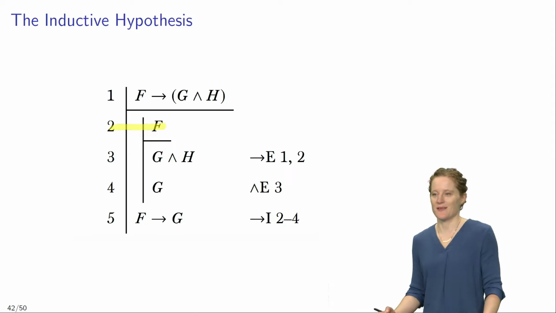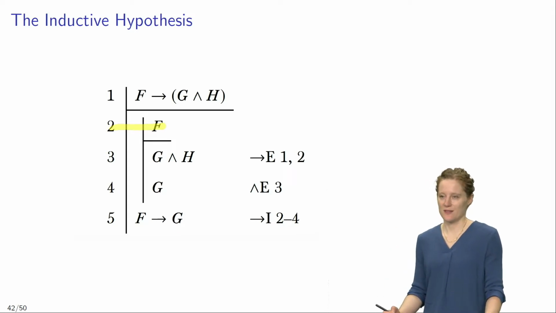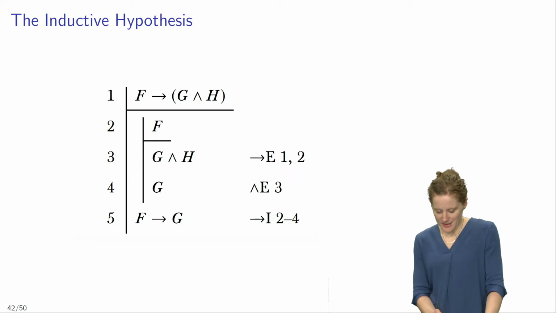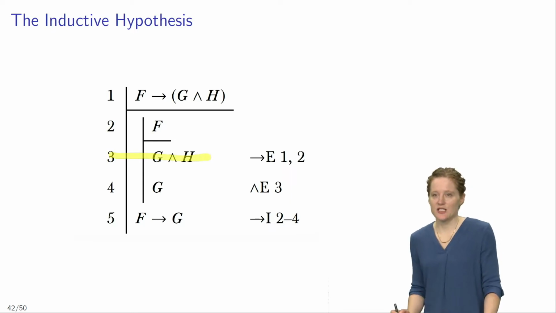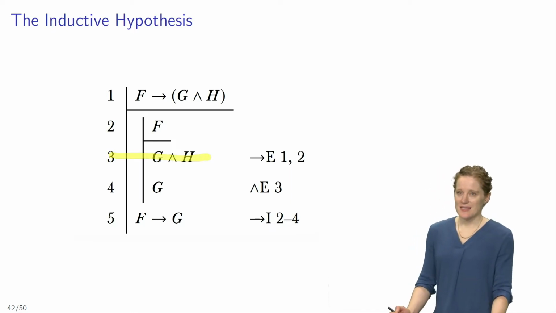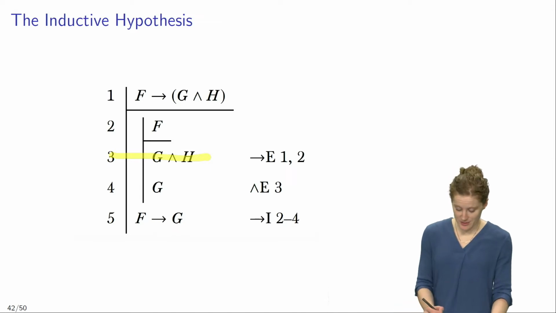Assumptions depend on only themselves. So every valuation that makes all assumptions on which this line depends true also makes line 2, the sentence F in line 2, true. Now, line 3 is a little more complicated. Line 3 contains the sentence G and H, and this sentence depends on two assumptions.